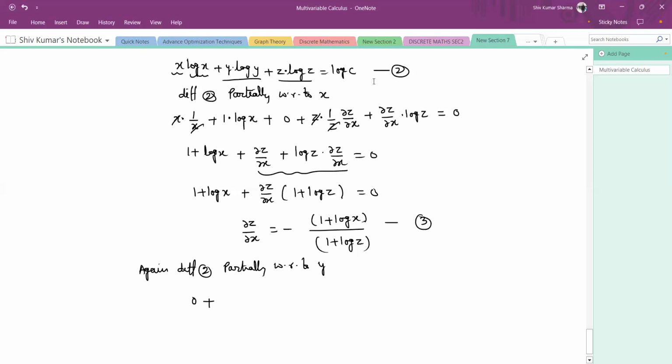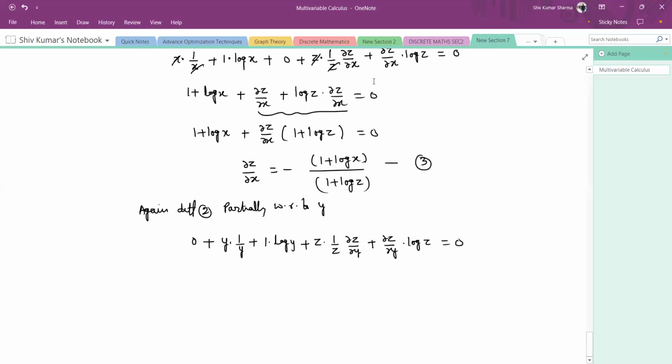So we have two terms, which means we use the product rule: y into the differentiation of log y, which is 1 upon y, plus differentiation of y, which is 1, into log y as it is. Plus we do the differentiation of the third term also. The first term is z into log z. Log z gives 1 upon z, and differentiation of z is del z upon del y, plus del z upon del y, the derivative of the first term, into the second term as it is, equal to log c. Differentiation of the constant is 0.